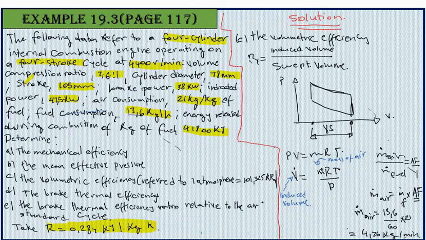All I need to do here is use this relation. So the induced volume is given by the mass of air, which is 4.76. So here the induced volume will be expressed in cubic meter per minute, because the mass rate is expressed in kilogram per minute.